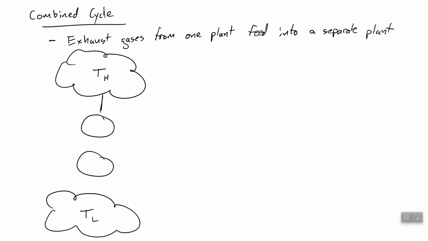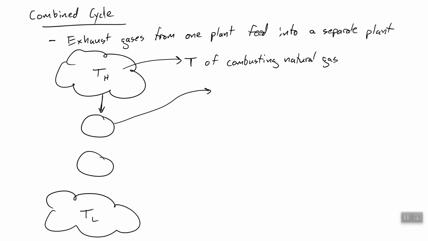Okay, so we're going to transfer heat from our very high temperature source. In this case, this would be the temperature of combusting natural gas, because natural gas is generally a small hydrocarbon and actually has a very high temperature of combustion. And we can use that in a heat engine that runs a different cycle called the Brayton cycle.